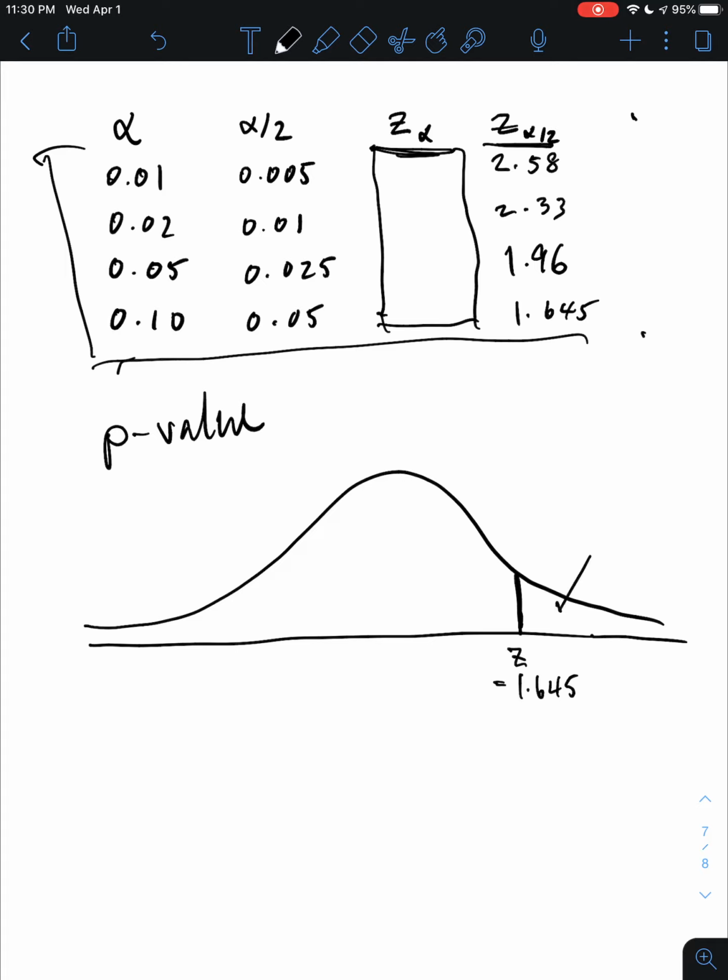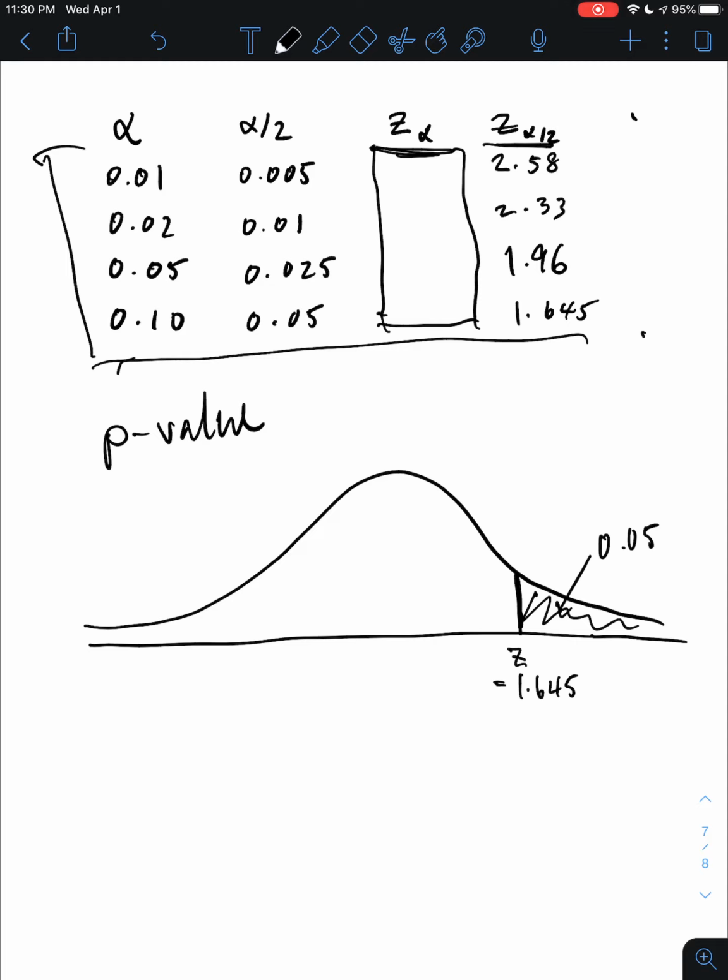It is a 5% probability then in this tail. And so in that case, the p-value, it would be 5%. So the p-value is the smallest value of alpha for which the null hypothesis can be rejected.